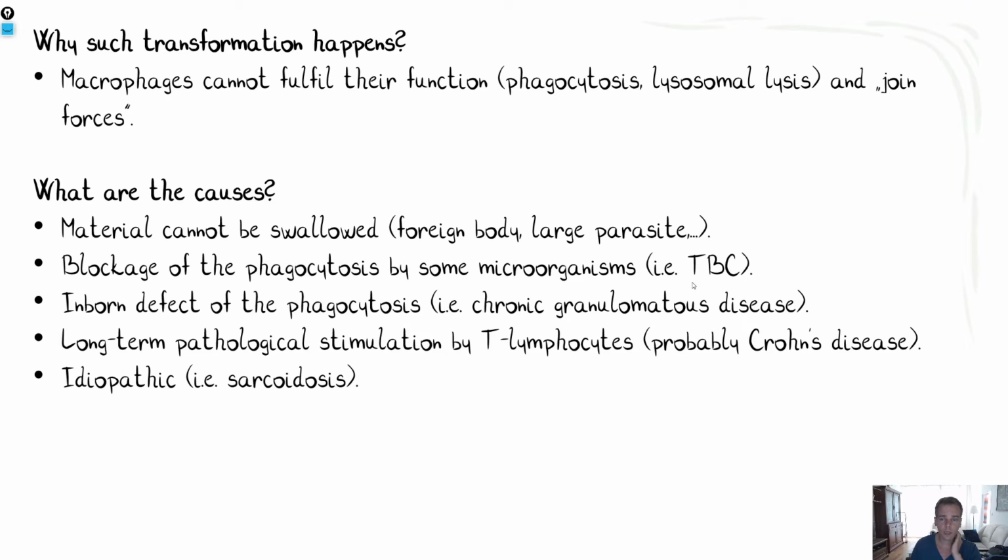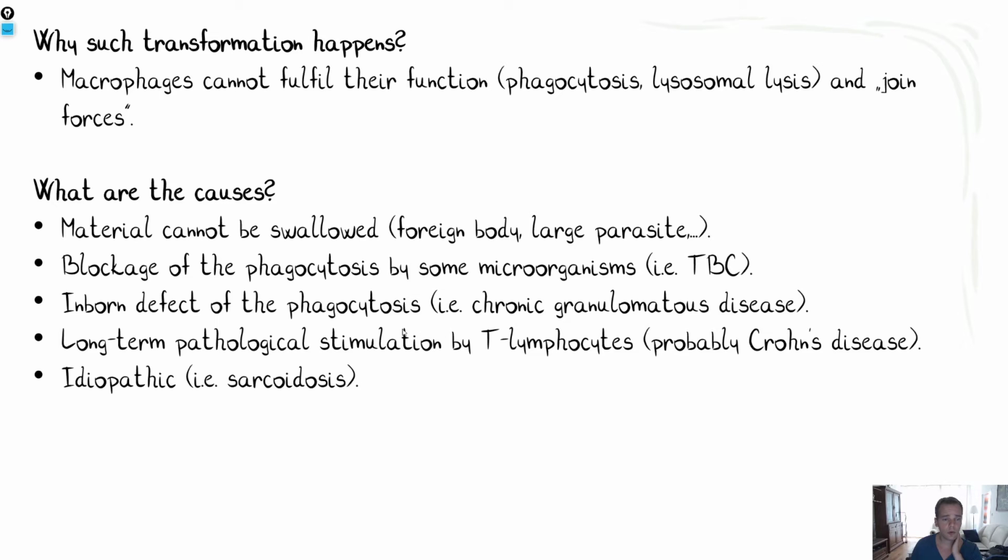We will talk about it later in the next minutes. TBC and many other microorganisms have various ways to block the process of phagocytosis. So the macrophage cannot swallow the cell or cannot engulf it, and therefore they join forces.